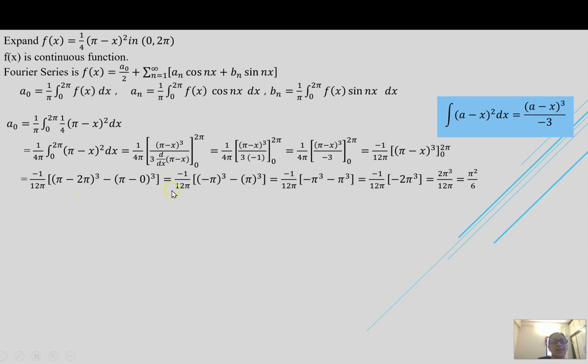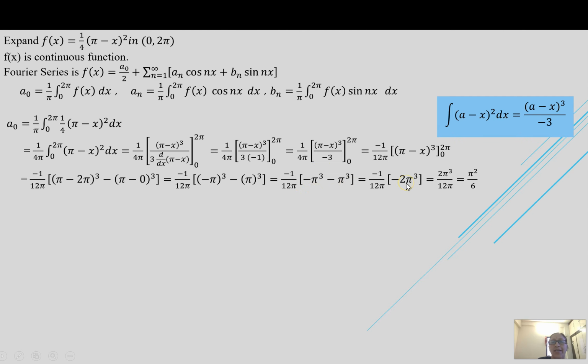So here this gives minus 1 by 12 pi into [(pi minus 2 pi) is minus pi, so (minus pi) whole cube, minus (pi minus 0) is pi, so pi cube]. That is equal to minus 1 by 12 pi into [(minus pi) whole cube is nothing but minus pi cube, again minus pi cube], equal to minus 1 by 12 pi into minus 2 pi cube.